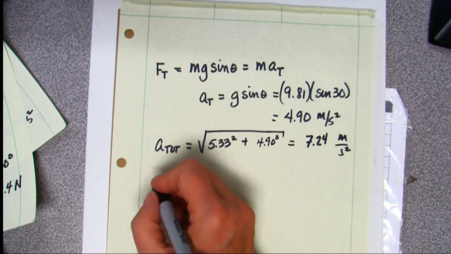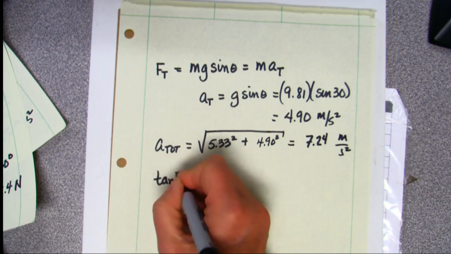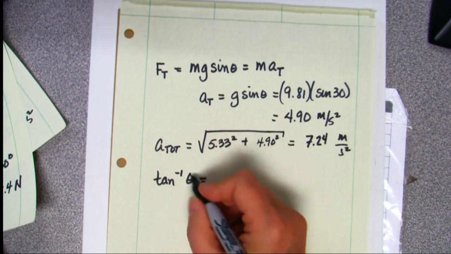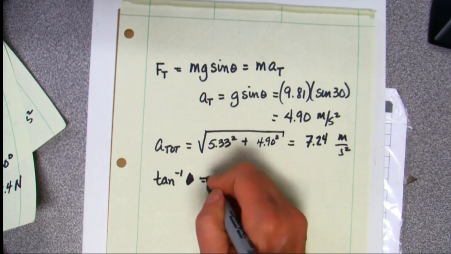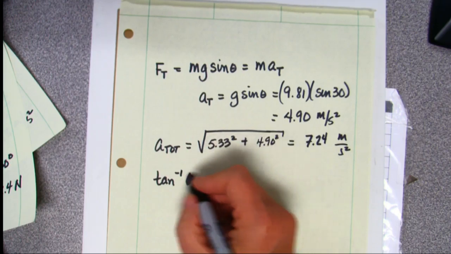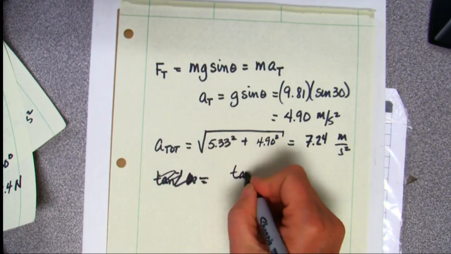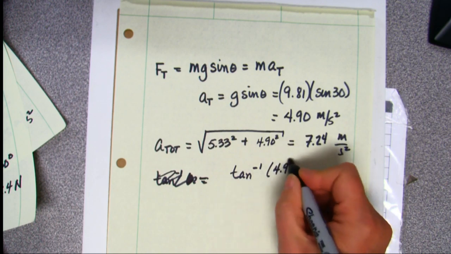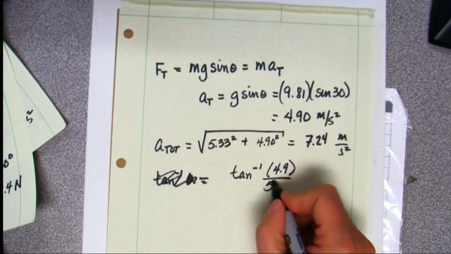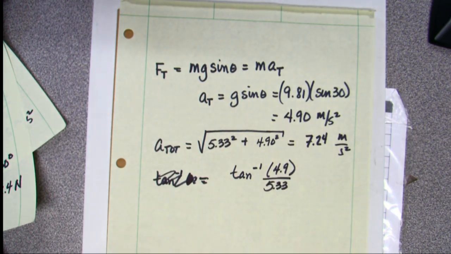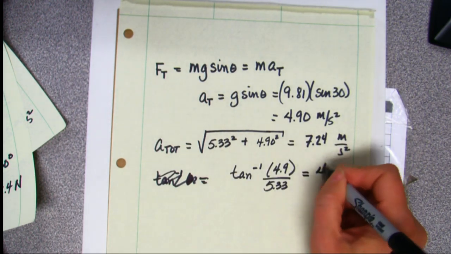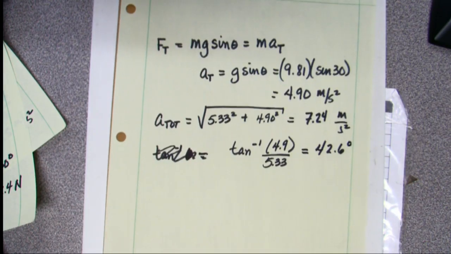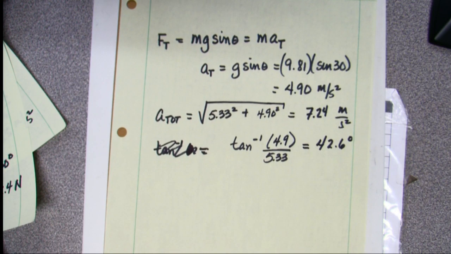I'm going to get the arc tangent of my components. I'm going to do it this way: tangent minus 1 of my 4.9 divided by my 5.33, and that's going to give me 42.6 degrees.